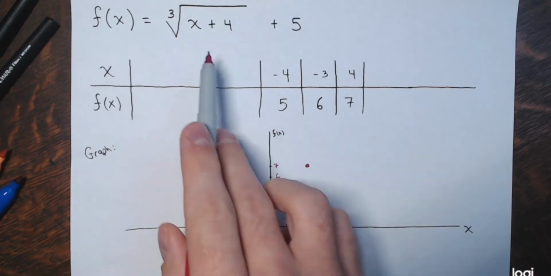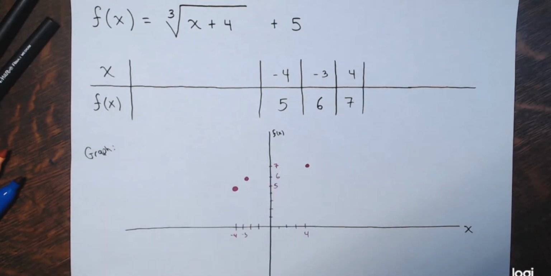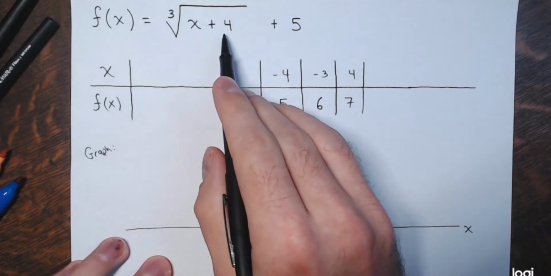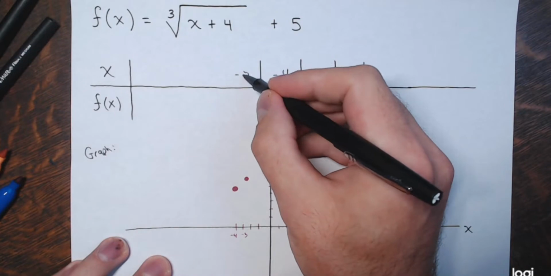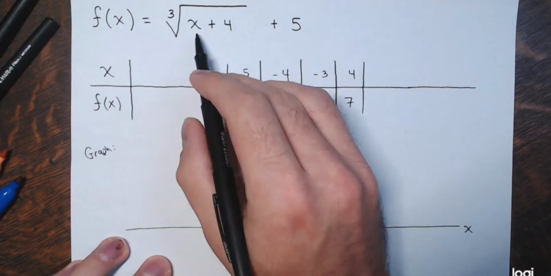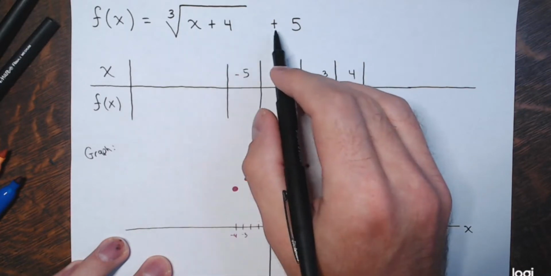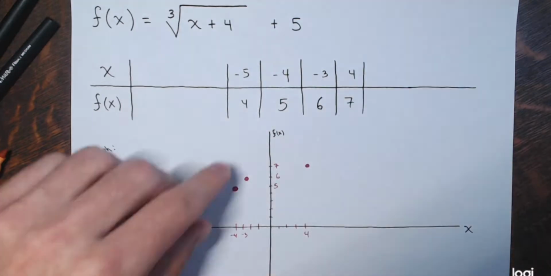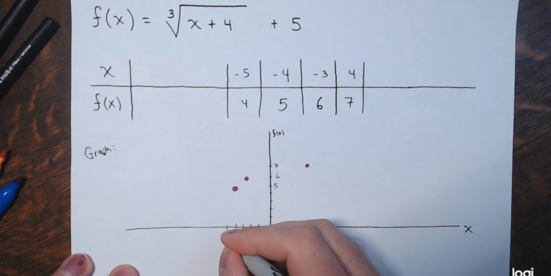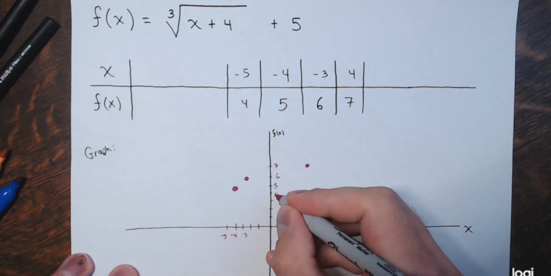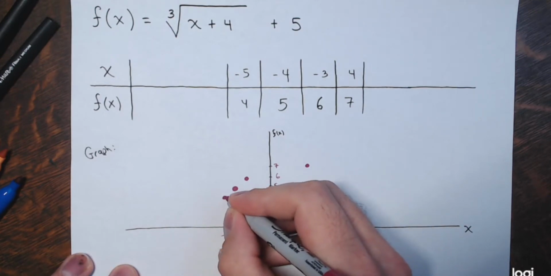And I could also go the other way, to get some negative radicands. If I plugged in -5 for x, we'd have the cube root of -1, which is -1, plus 5 is 4. So input -5, output 4, like there.